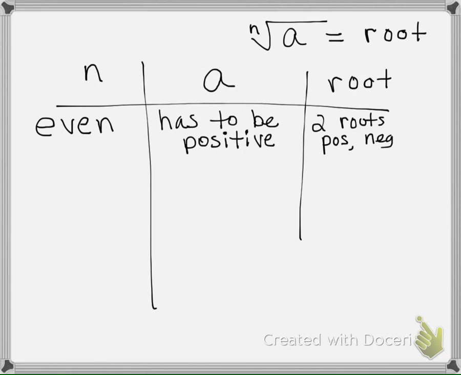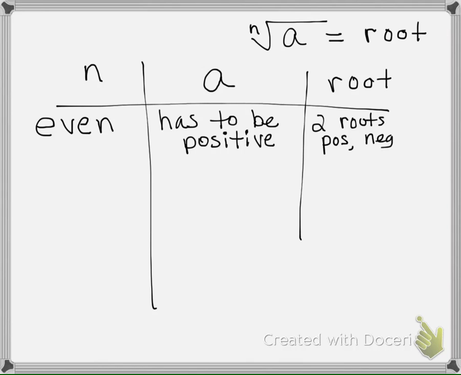Make sense? That you're used to doing. That's going to hold true for 4th roots, 6th, 8th, any even. So if your index is 2, 4, 6, 8, 10, 12, that's going to be the deal. And if your radicand is positive, and it has to be, then you're always going to have 2 roots. 1 positive, 1 negative.